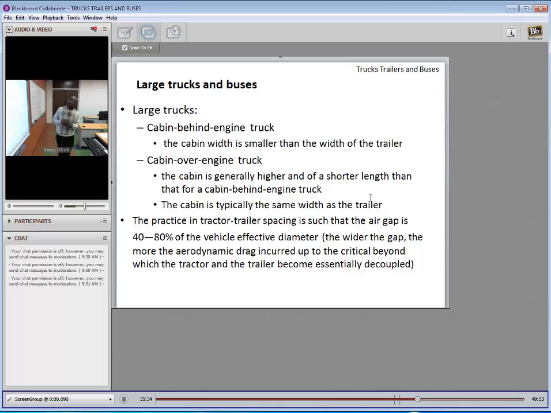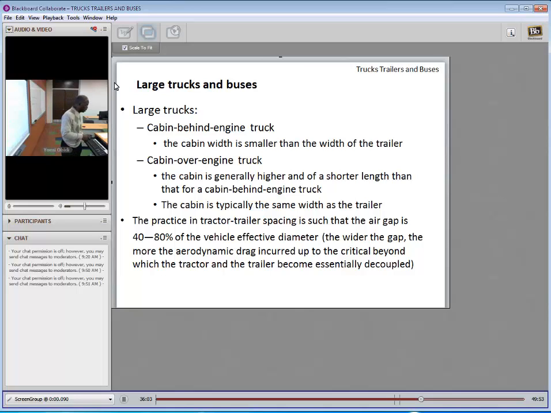So for the cabin over engine truck here, you see that's the same width as the trailer, whereas in the cabin behind engine, the cabin width is generally smaller than the width of the trailer. Practice in tractor-trailer spacing is such that the air gap is 40 to 80% of the vehicle effective diameter.